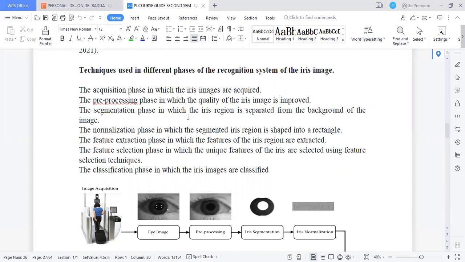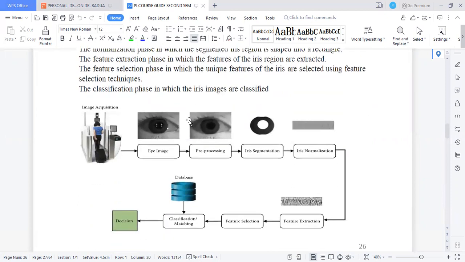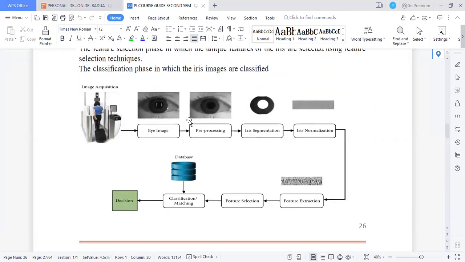Okay, so just like what I have mentioned, this is usually used in airport terminals. So these are the different processes. Once a person walks along the hallway and a certain area where there is a scanner, the eye image will be captured.